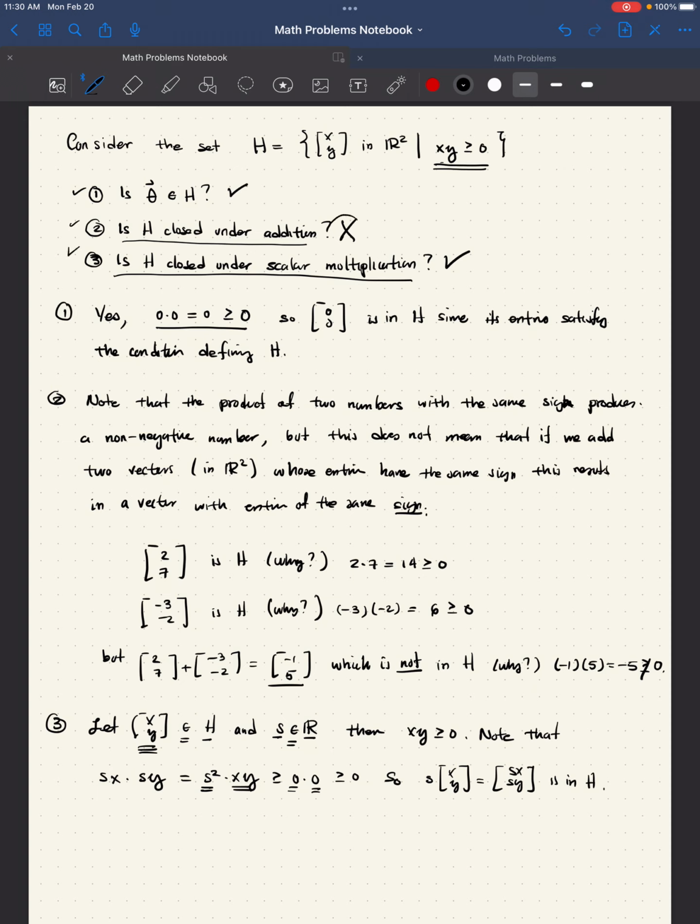But as you can see, this one was negative. So H is not a vector subspace of R2. And with this we finish. I hope that you like it. Take care.